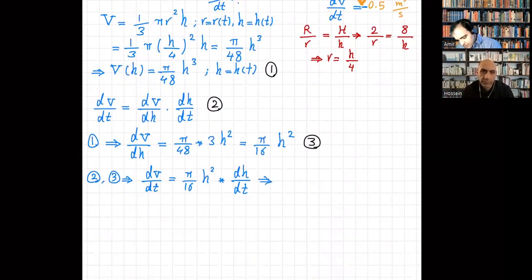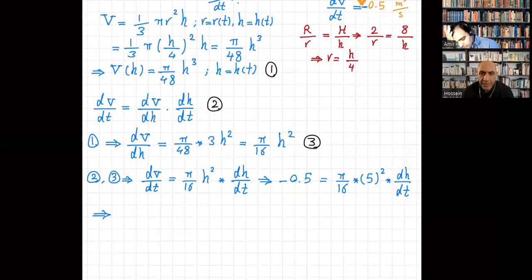Therefore, negative 0.5 is equal to pi over 16 times 5 squared, the height of the water, and then times dH over dt. Okay, the only unknown in this equation you wrote is dH over dt. Correct, which is our question.